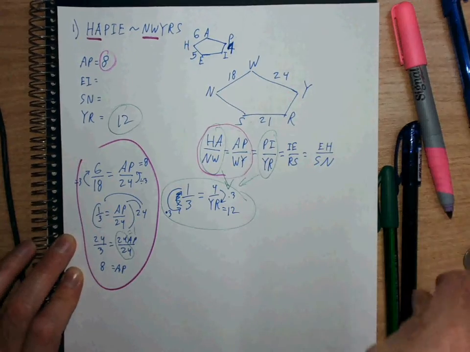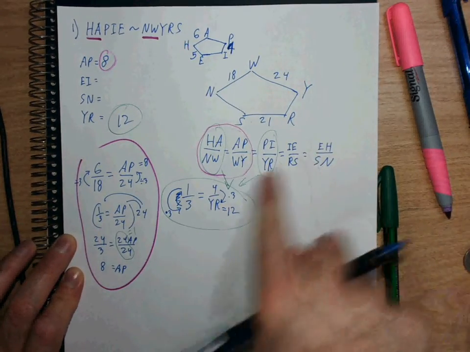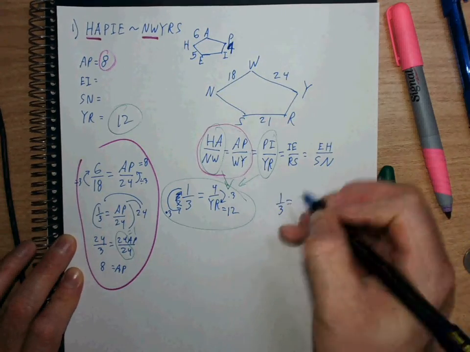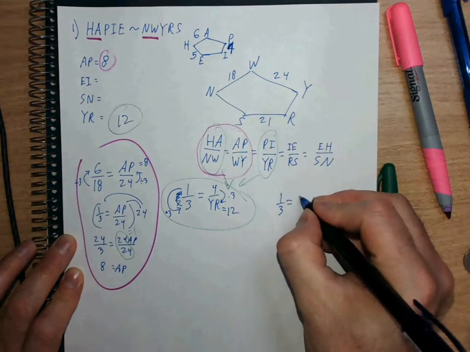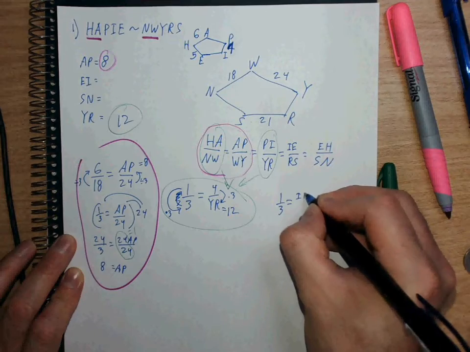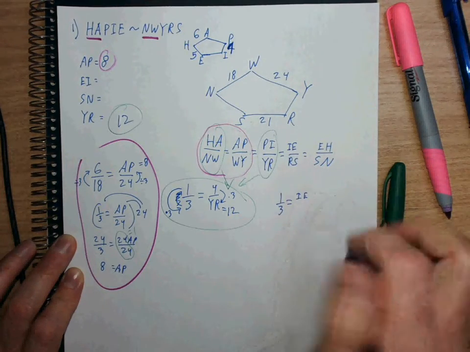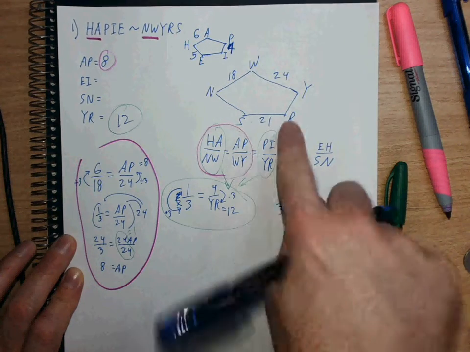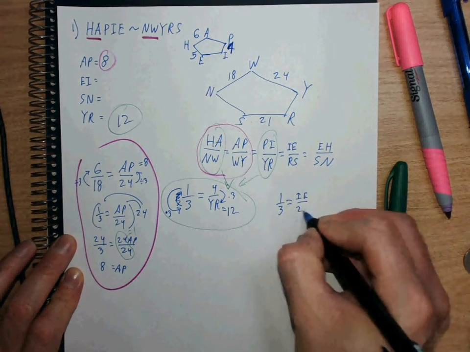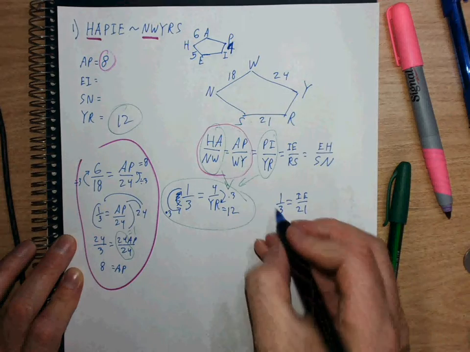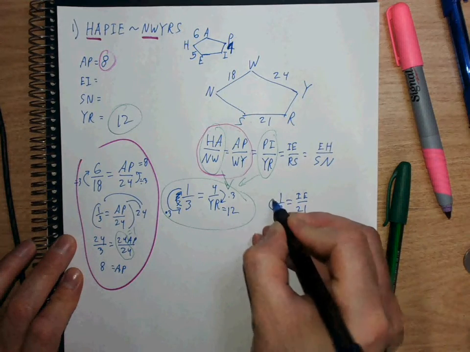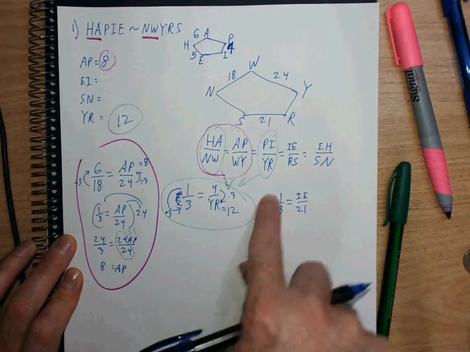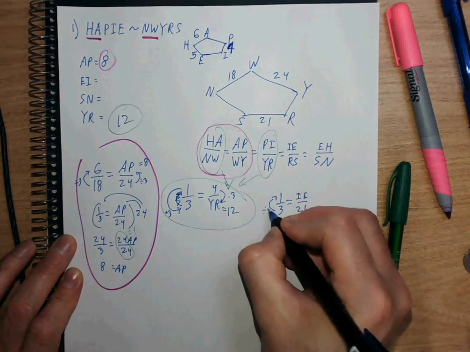The next one, I'm going to use 1 over 3 equals IE over RS. I don't know what IE is. It's the same thing as EI, it doesn't matter which order I put it in, over RS, or SR. So that is 21. So here, I have this number, I want to get this, so I want to go in that direction. 3 divided by 3 is 1.